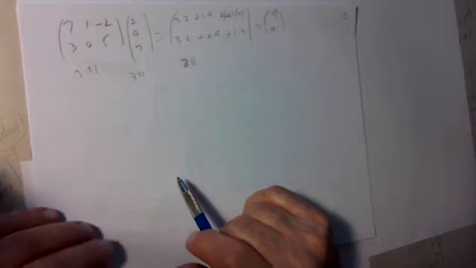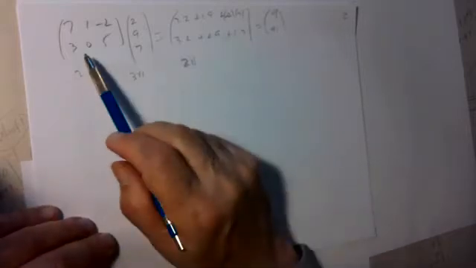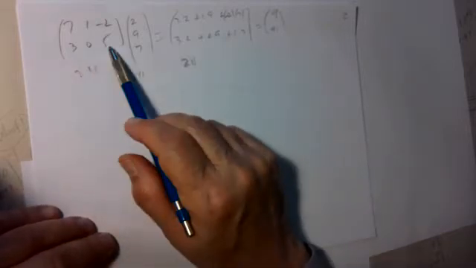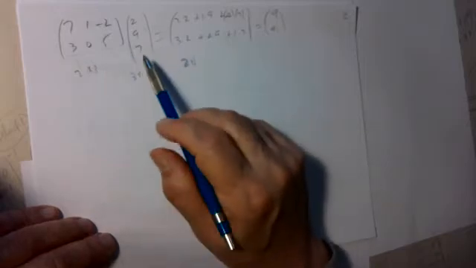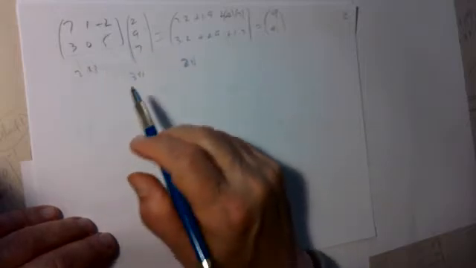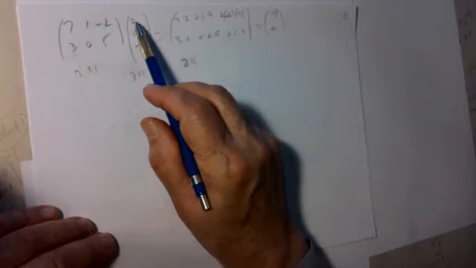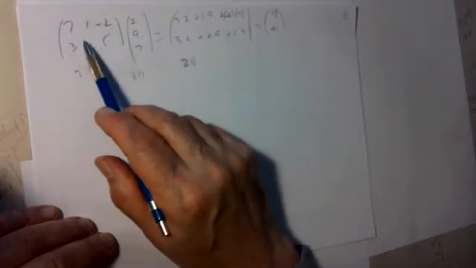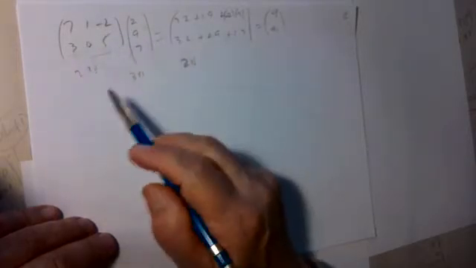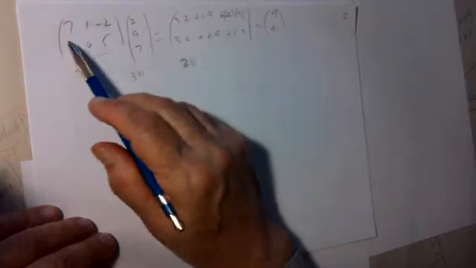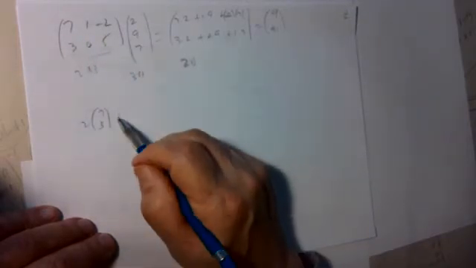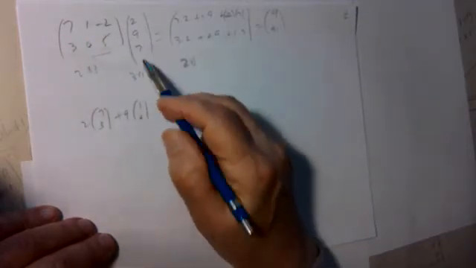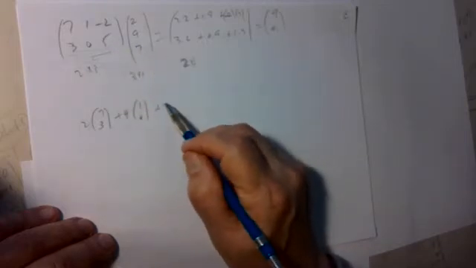And if you look at this carefully, you'll notice that when you multiply this matrix by this column, this is also the same as, I'll prove this in a moment, a certain linear combination of these columns. It's going to be 2 times the first column, 9 times the second column, 7 times the third column.